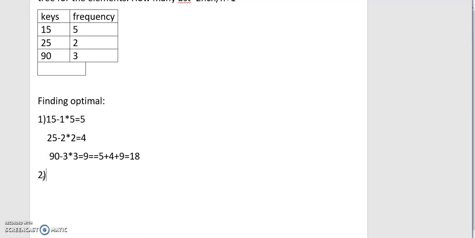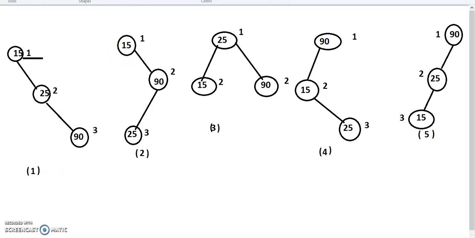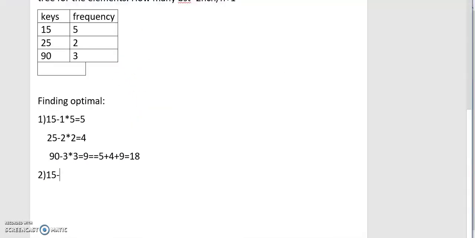For the second tree, for 15, how many comparisons have we done? One comparison, right? 1 into frequency 5 is equal to 5.